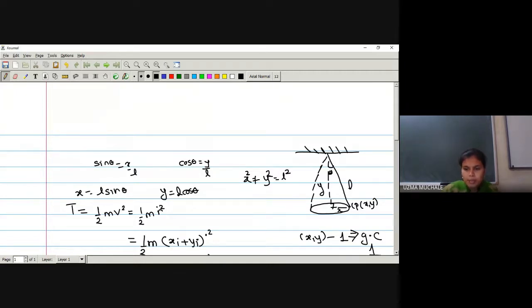So let me rename this: this will be the length L, and this is A, and this is N. So this is the circular motion of your simple pendulum, and this is nothing but the radius of it.